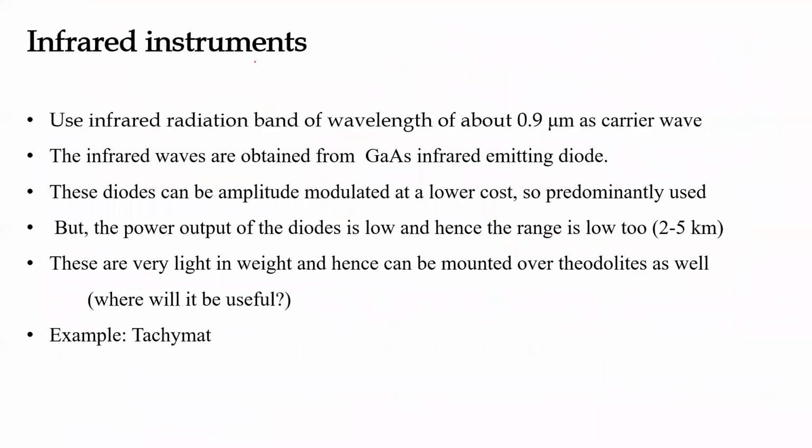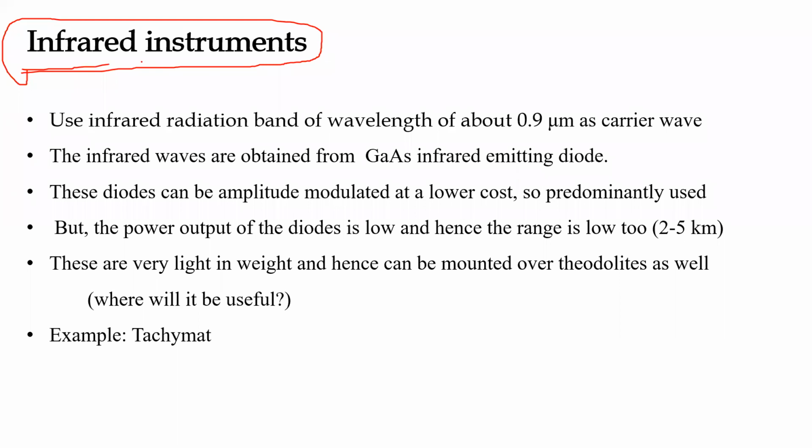So next is your infrared instrument. Now, what will be the difference? The difference will be only that this type of instrument will be using infrared waves to send the signal and to receive it back.